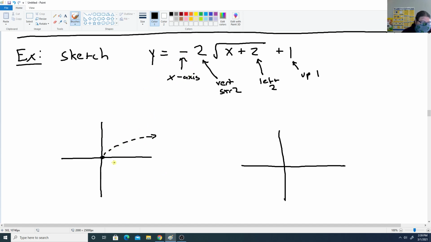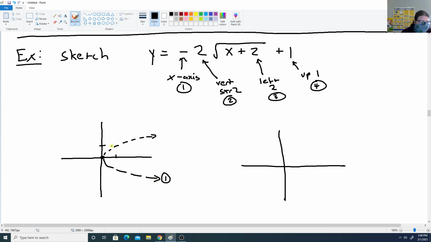I apply an x-axis reflection to it first, so that gives me a curve that looks like this. This right here is where we're at after the x-axis reflection. I have to do the x-axis first, then the stretches and shrinks next. Then at the end I do the shifts.